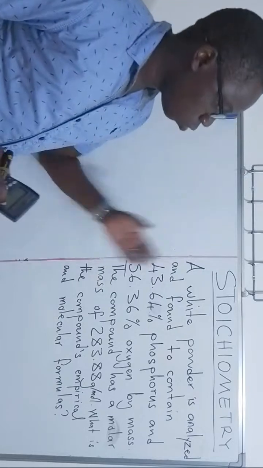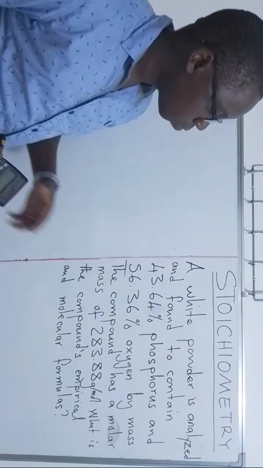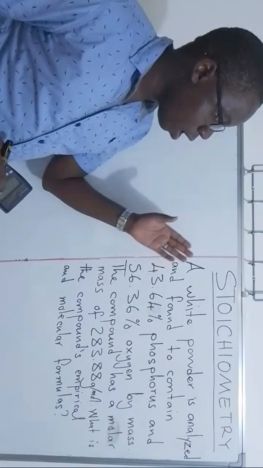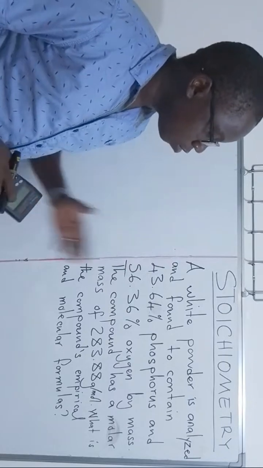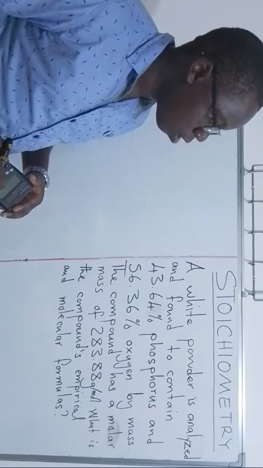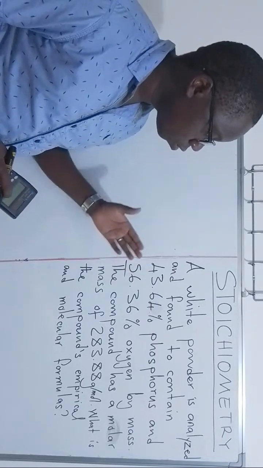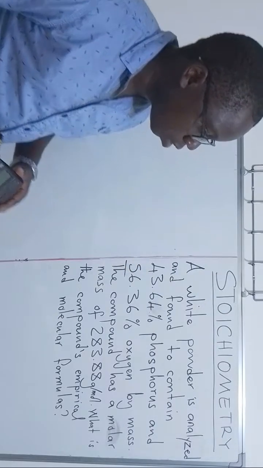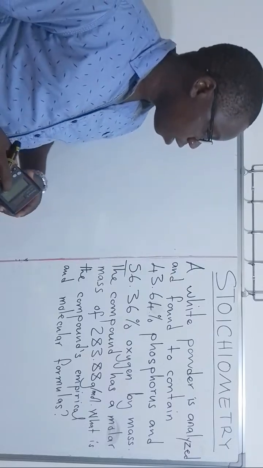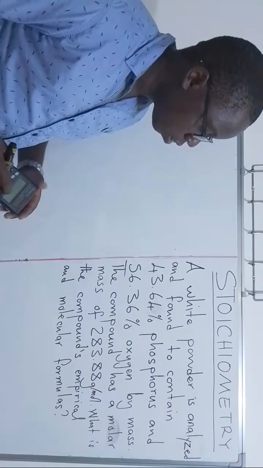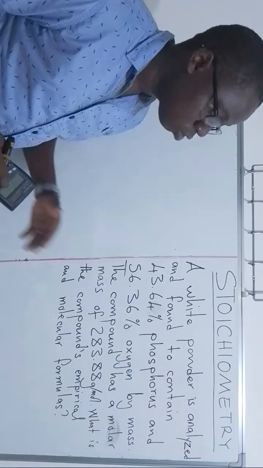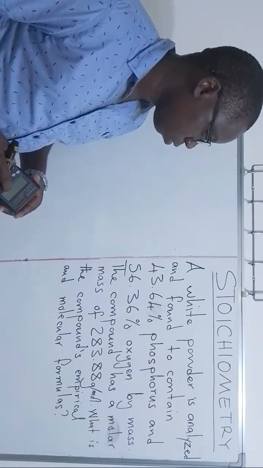So the question that we have reads, a white powder is analyzed and found to contain 43.67% of sulfur and 56.36% of oxygen by mass.